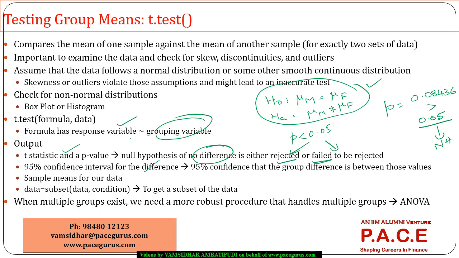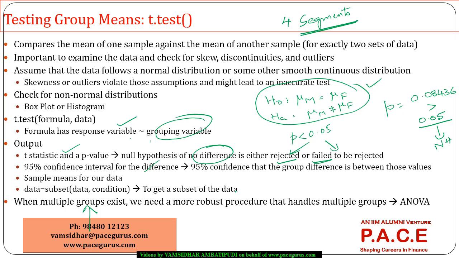But remember, this t-test makes sense only when we are using two groups. When multiple groups exist, let's say I want to compare the means across the four customer segments, the t-test does not work well.